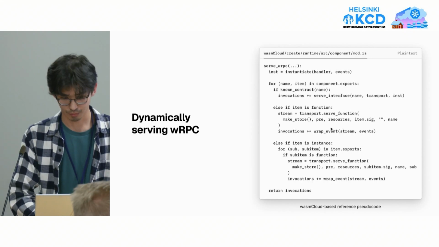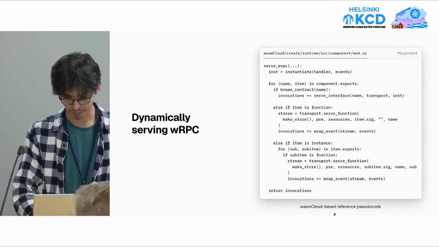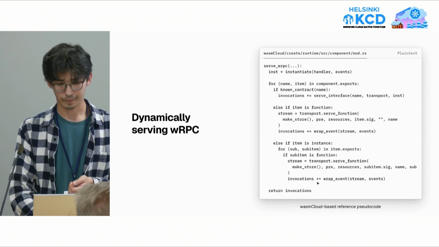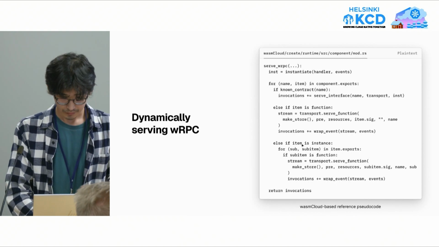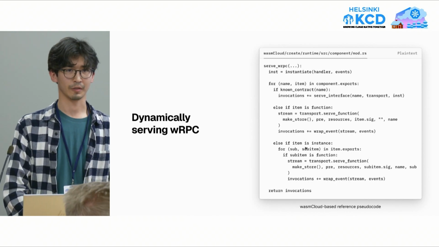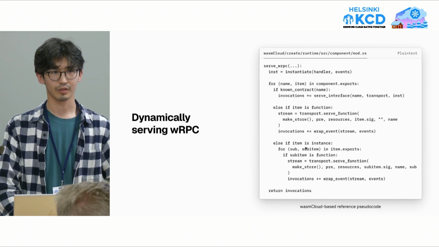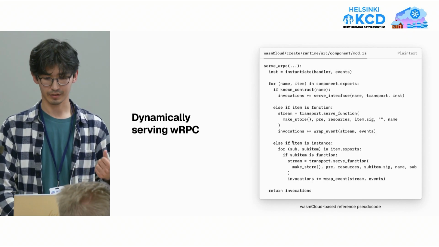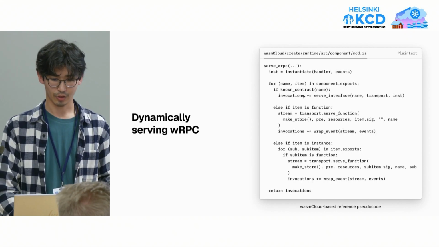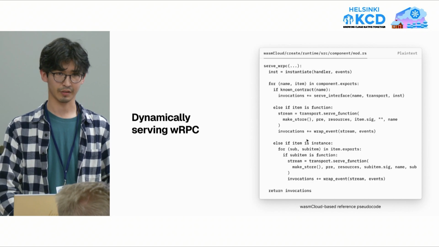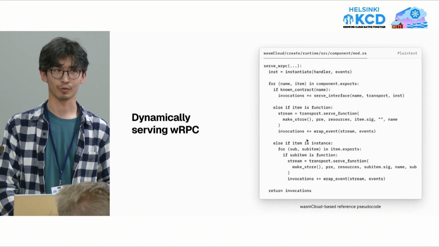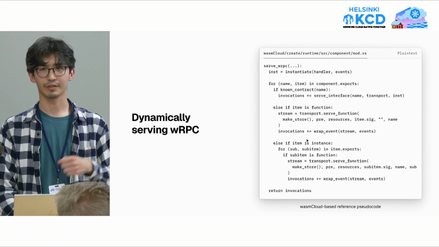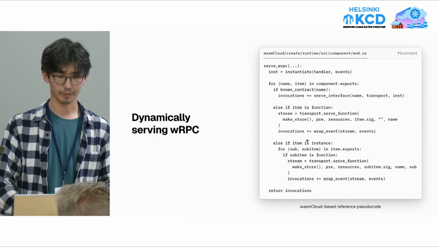So here in this pseudocode that I took from the Wasm Cloud-based implementation, they are looking into the WebAssembly component, trying to see if it is exporting some supported interface, then directly serving that, or otherwise they are just directly exposing the functions over wRPC for other services to communicate with.